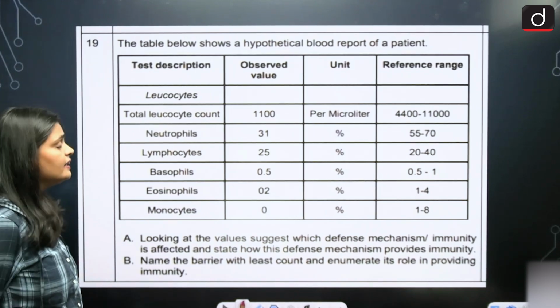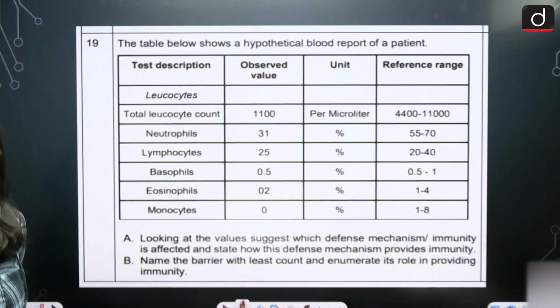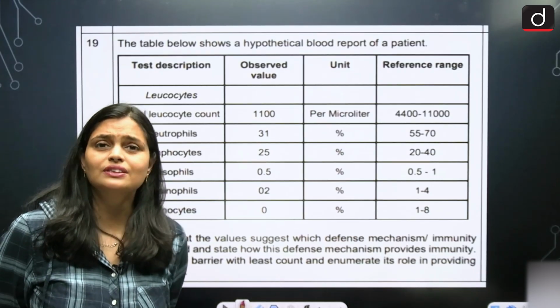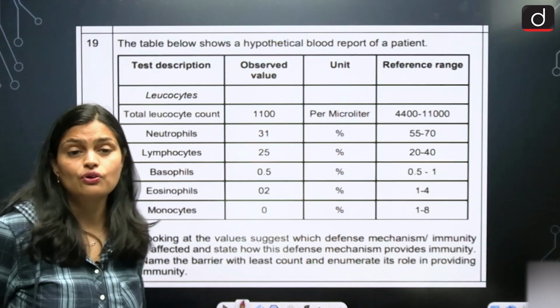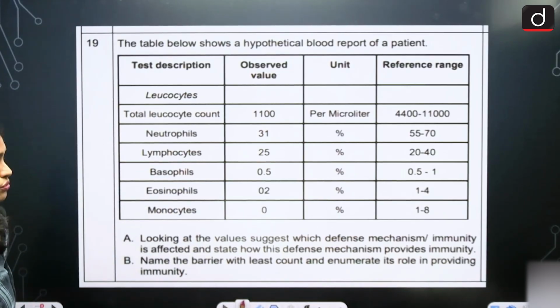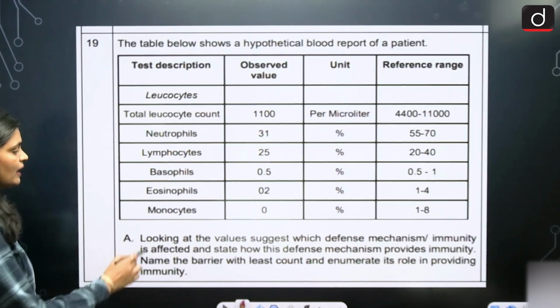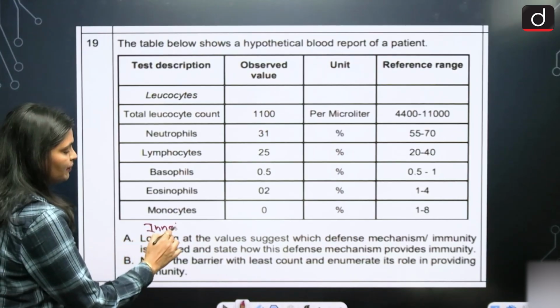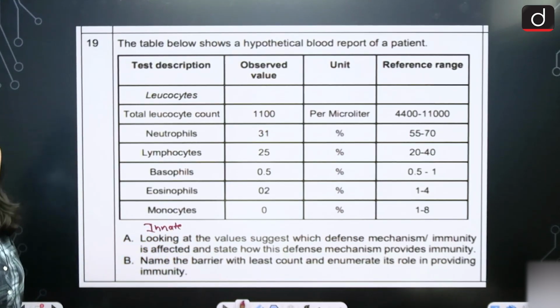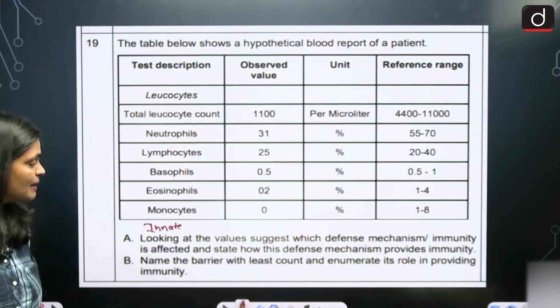See, here in this case, you are not taking any extra vaccines and all. So this is the innate immunity which is already present in your body. So which type of immunity here you have? Innate immunity. Okay, so innate immunity is a non-specific type of immunity which is present from birth, right? And here which type of barrier is it?